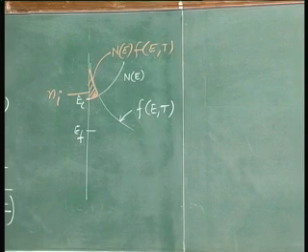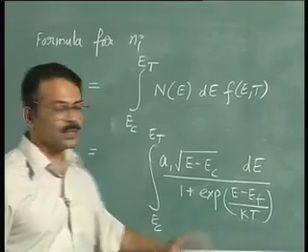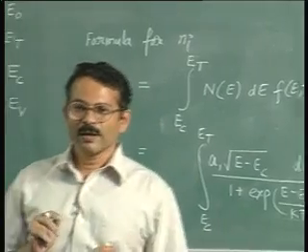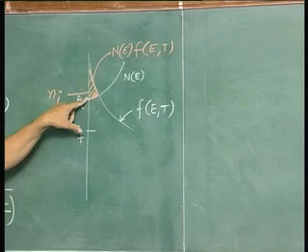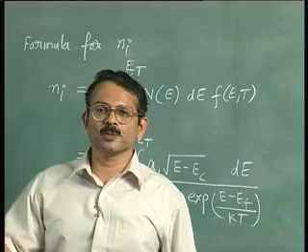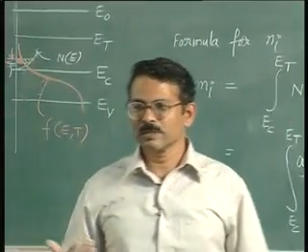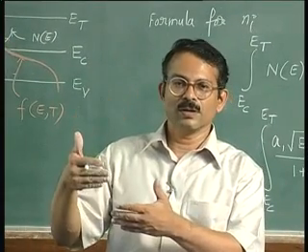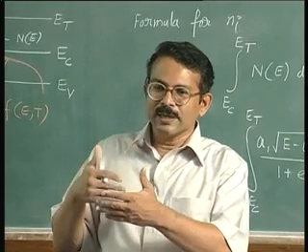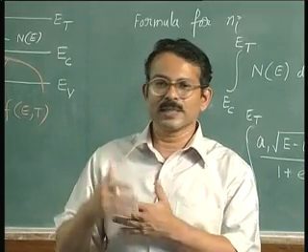Normally the way to check such approximations is you make the approximation, derive the result, and from the result you try to see whether your EF has turned out to be below EC by more than 3 times KT. If that is so, then your approximation is valid. So you make an approximation, derive the result, then cross check whether the result is in conformity with the assumption or does it contradict the assumption.